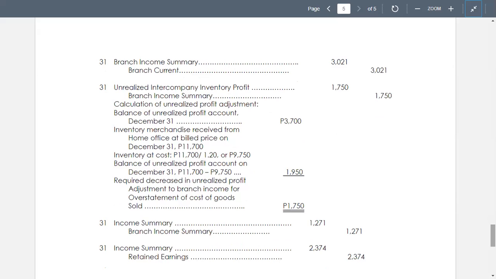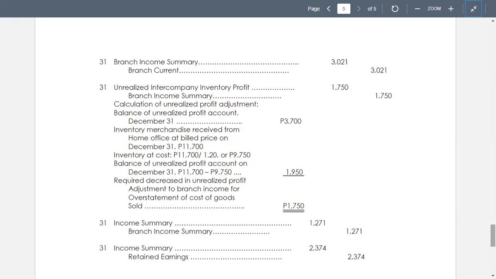3,021. However, the branch income summary debit will be reduced by a credit of 1,750 pertaining to the unrealized intercompany inventory profit at the end of December. So we now calculate the unrealized profit adjustment.